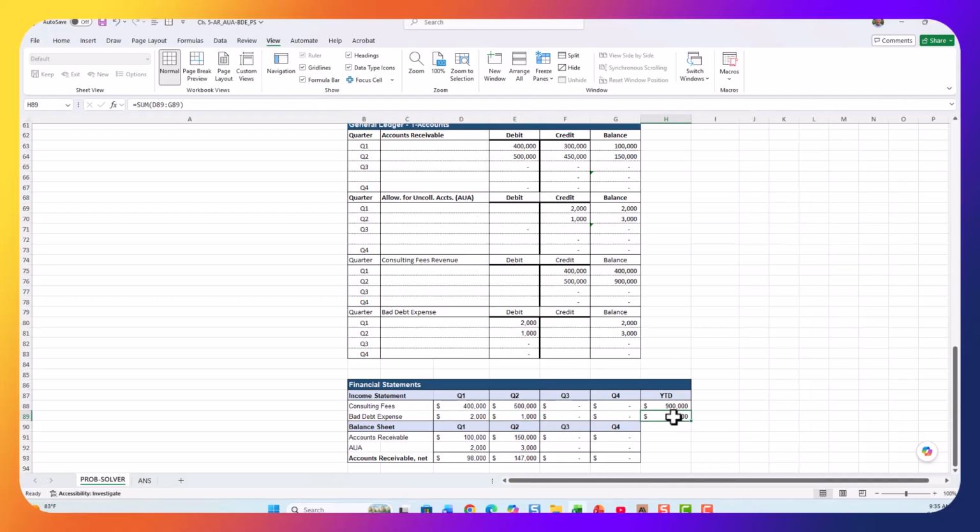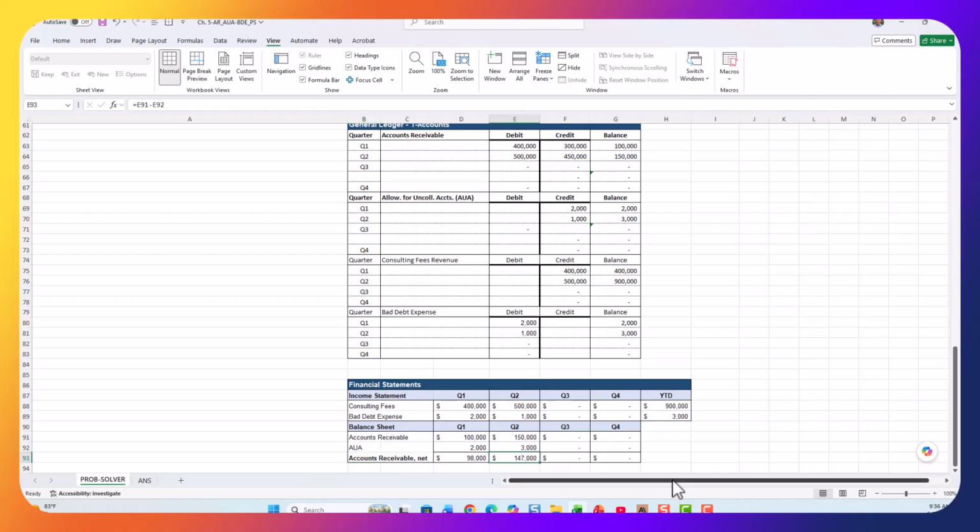The income statement will always show a quarterly amount and a year-to-date total. The balance sheet, a snapshot at the end of Q2, will show accounts receivable at $150,000, AUA at $3,000, with a net accounts receivable of $147,000.